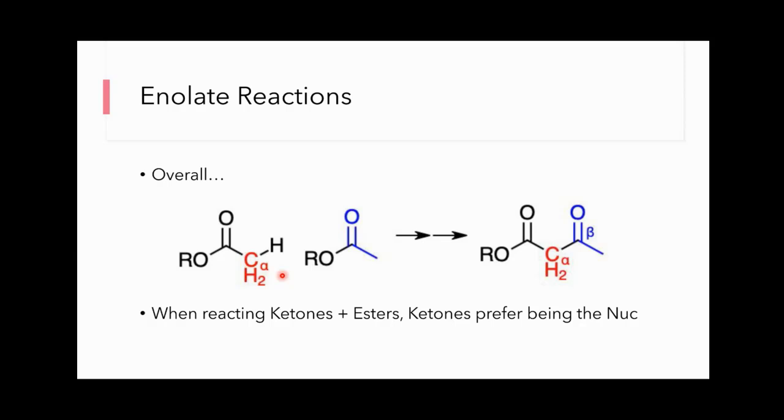That's because the ester group is an electron withdrawing group, and remember from a few slides ago, electron withdrawing groups decrease acidity. So with the ketone having no electron withdrawing group, that's how ketones are able to become the enolate ion.